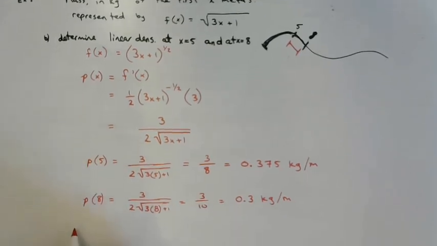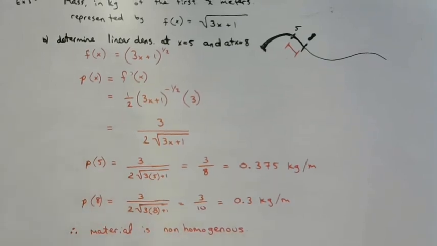But we'll just say, therefore, material is non-homogeneous. We know that because the density is changing. If it were all one material, the density wouldn't be changing.